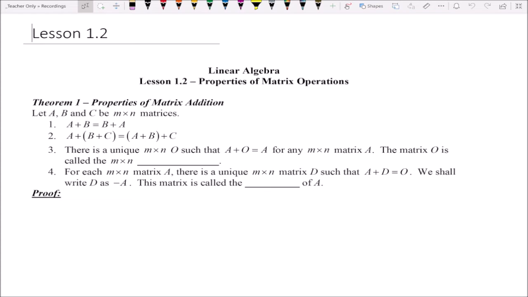There is a unique M by N matrix O such that A plus O is equal to A for any M by N matrix A. This matrix O is known as the M by N zero matrix.